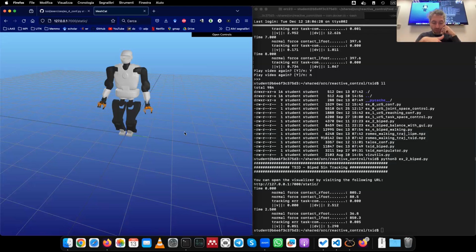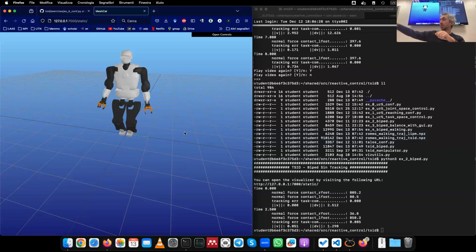So for instance, if you look at the slides, they suggest you change the gains of the COM and the posture task, change the weights, try to set the reference COM outside the support polygon. The support polygon is the convex hull of the feet.